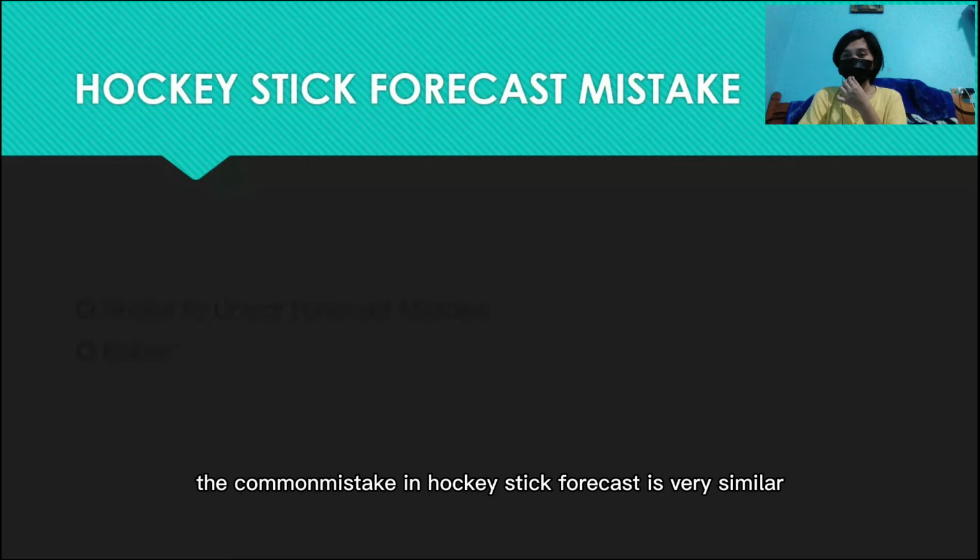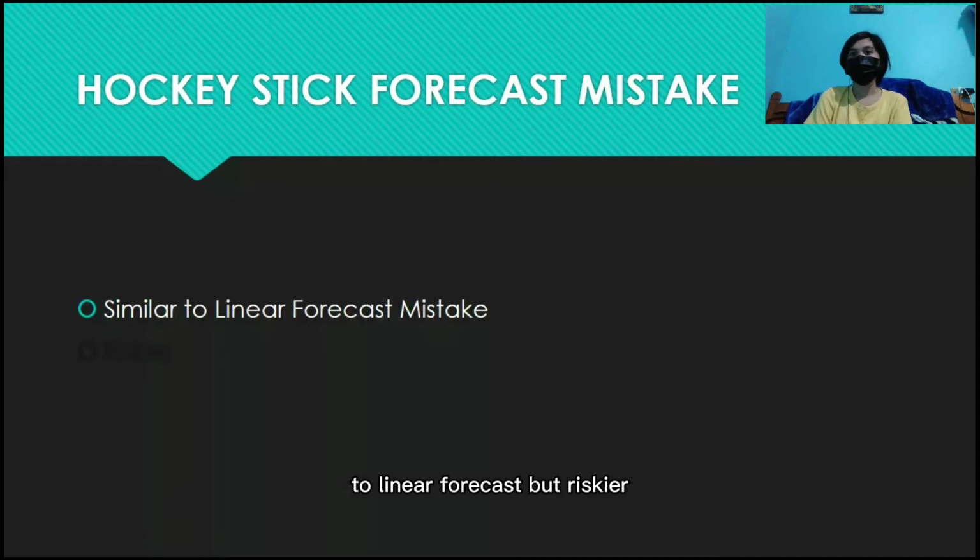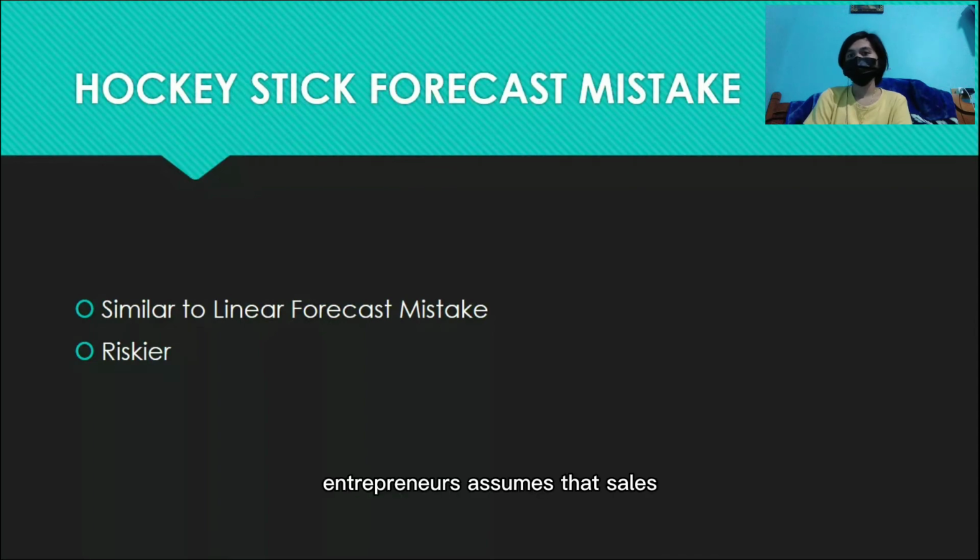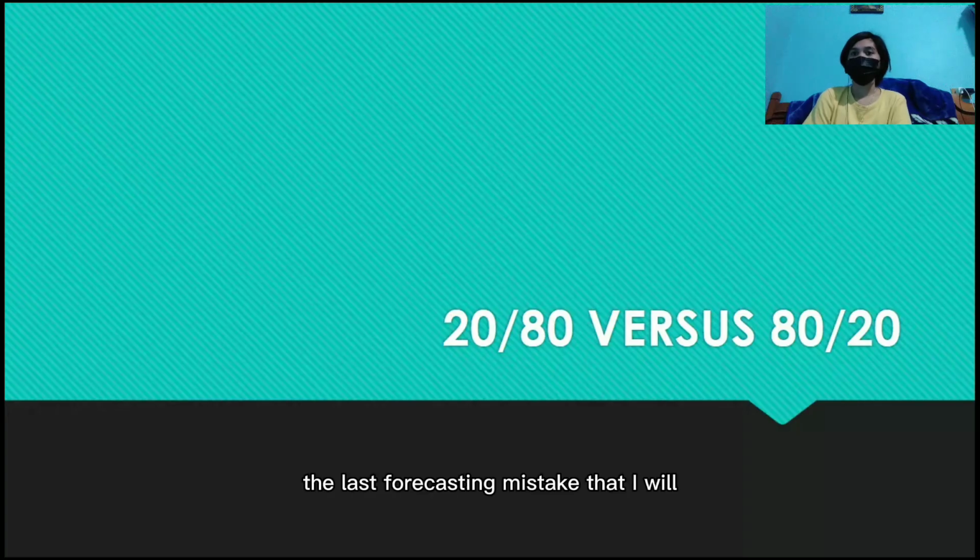The common mistake in hockey stick forecast is very similar to linear forecast, but riskier. Entrepreneurs assume that sales will begin slowly and suddenly increase dramatically for no documented results and have blind faith on new business. The last forecasting mistake that I will discuss is the 20/80 versus 80/20.